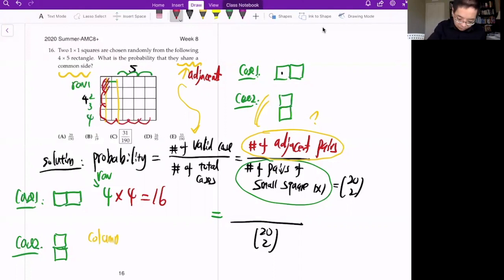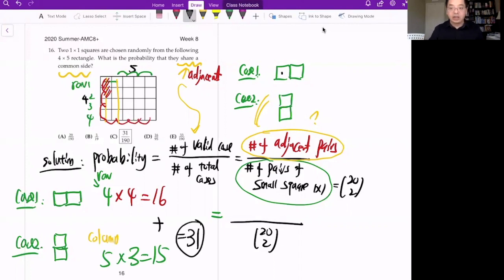The number of columns is 5, so in each column we have 3, so that's 15. If you add them together, 16 plus 15, that is 31. So in conclusion, in total we have 31 adjacent pairs.